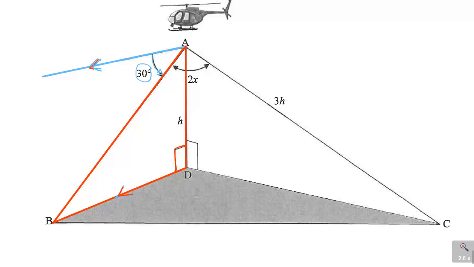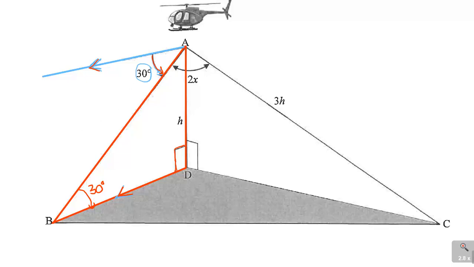So we'll have these two lines being parallel, and according to alternate angles, if this angle is 30 degrees, therefore this is also equal to 30 degrees. The reason being alternate angles.